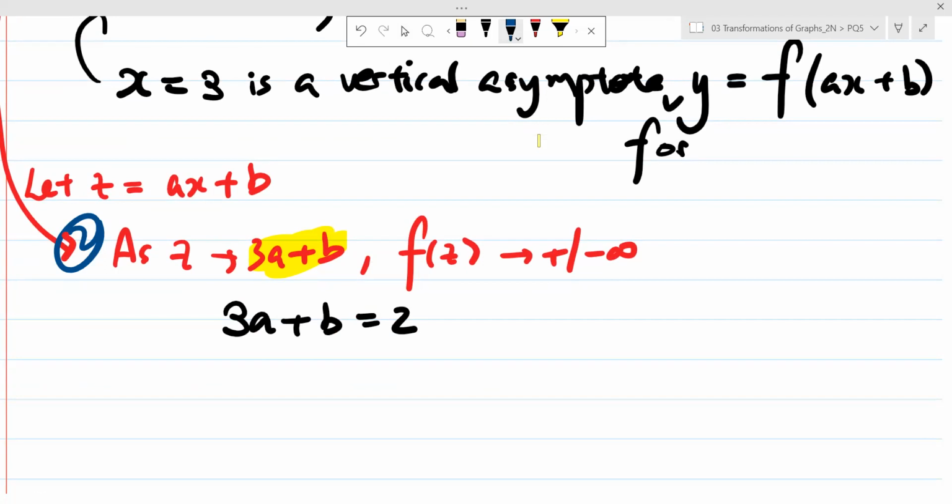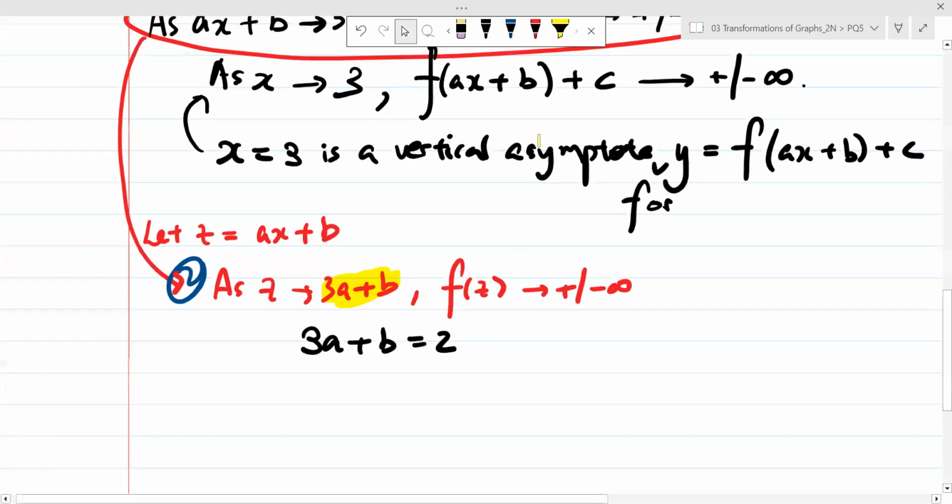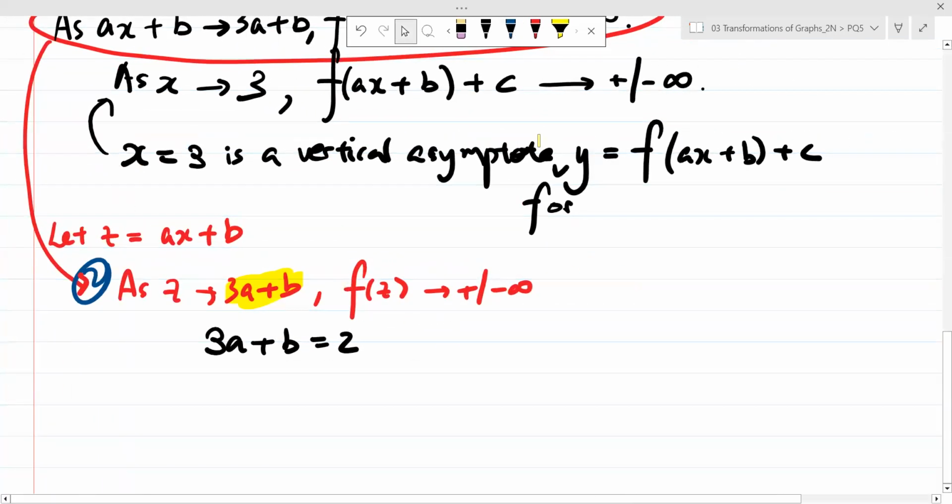But just now we already saw that there's only one value of x for which f of x will approach plus minus infinity, and that is 2. So the conclusion is that 3a plus b has to be 2. You couldn't have said this if my diagram had more than one vertical asymptote, but because there is only one, I can safely say this.